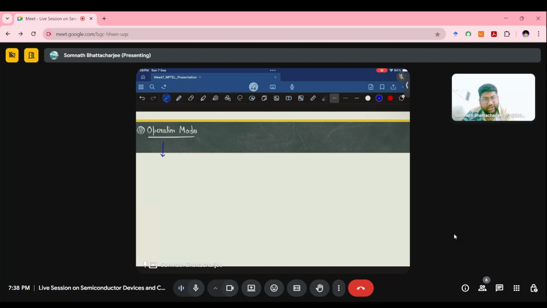Based on the junctions utilized in achieving these modes, if we consider which of the junctions are in the controlling position of this mode, those can be the emitter-base mode and the collector-base mode.